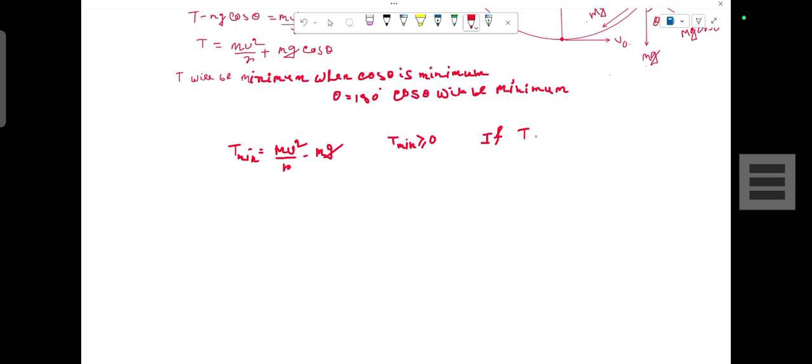If T min is less than 0, in that case the string will slack and the body will fall down from the height h.